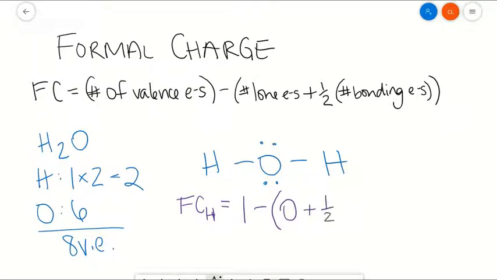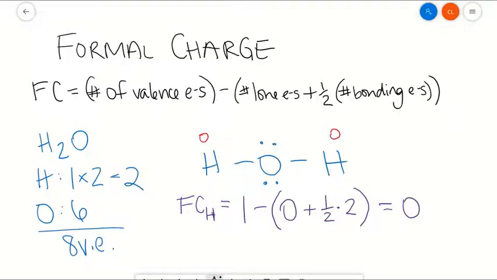Plus 1/2 times the number of bonding electrons. There are 2 total bonding electrons here. 2 times 1/2 is 1, so 1 minus 1 equals 0. So each hydrogen has a formal charge of 0.